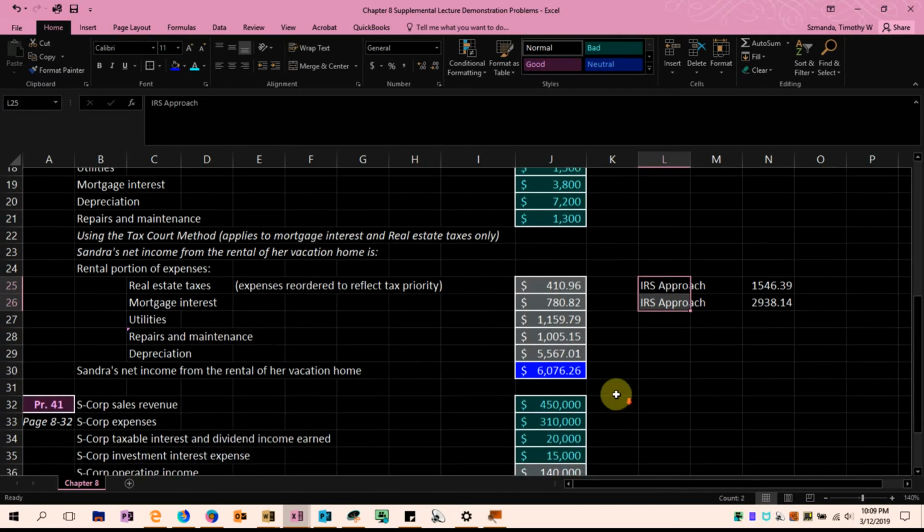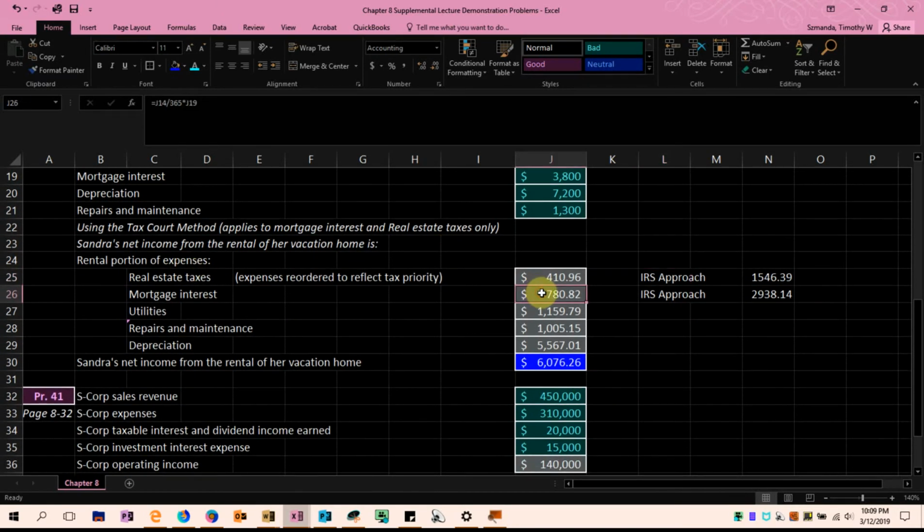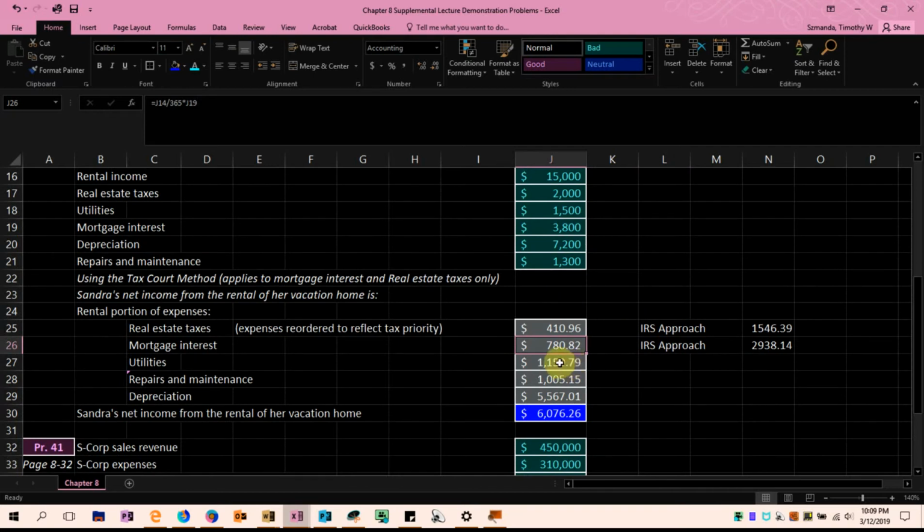Now, the problem asks, as we said, for the tax court approach. So in this case, I'll just write here so we know that we're not using the IRS approach.